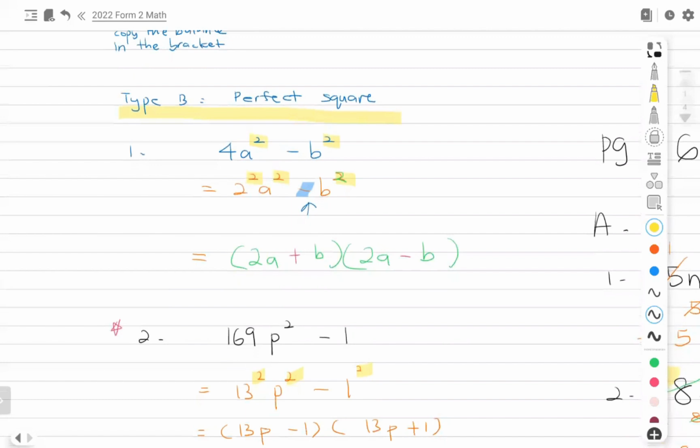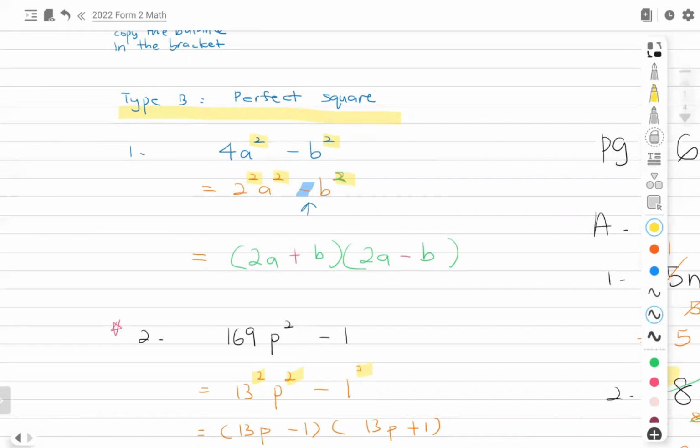Then we have type B, and I ask you to memorize all the perfect square, remember? 13 square is 169, 14 square is 196, 15 square is 225, and what about 17 square? Let me see your answer in the chat box. 17 square without calculator.